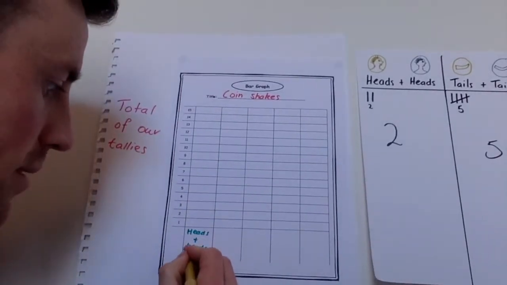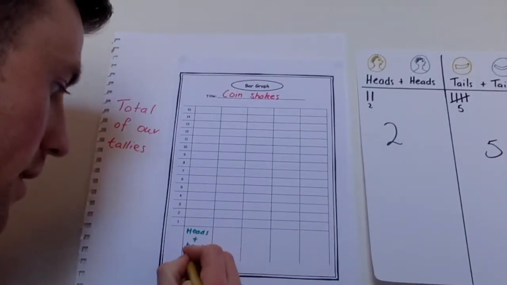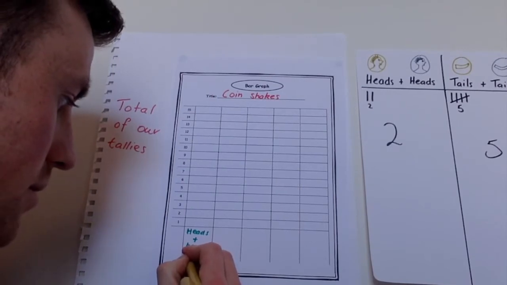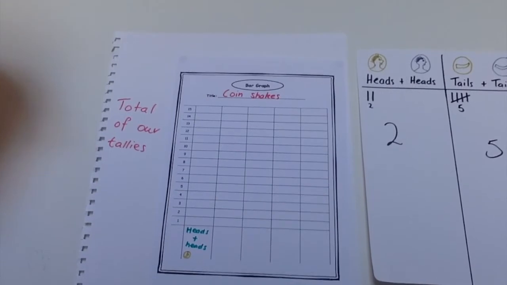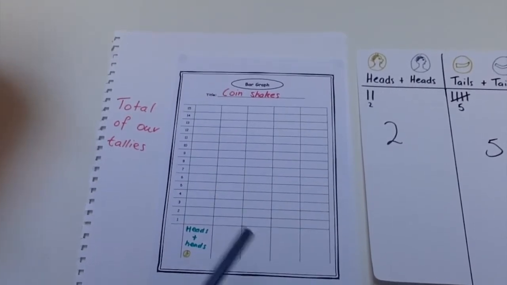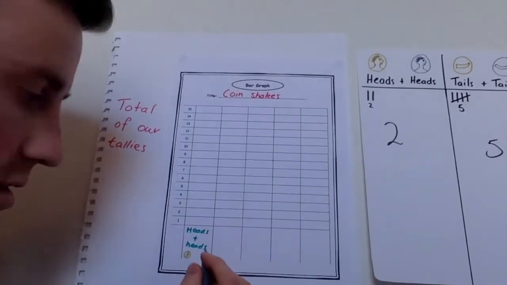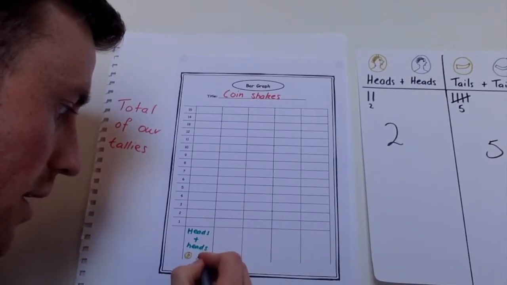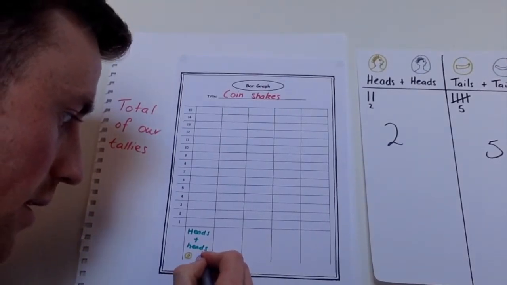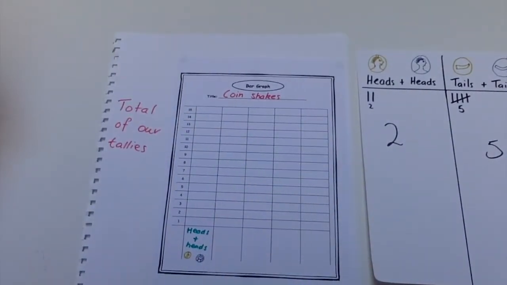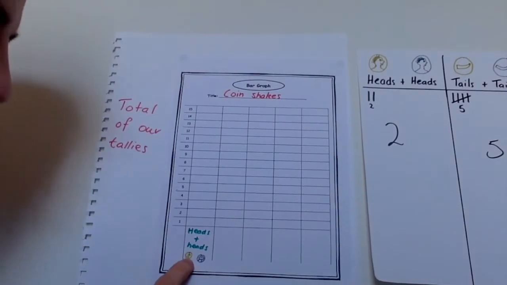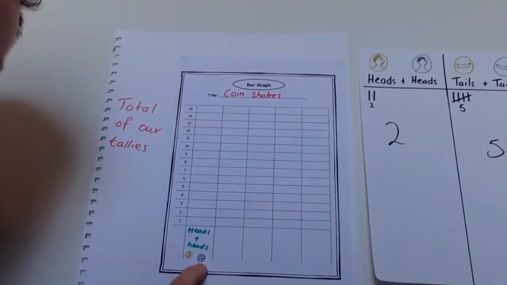Mind you that the first part was gold heads, so you might want to draw a little head down there. Then I want to do the same with my silvers. I'm going to do my silver coin, and my little head like that, just something to help remind you that there's heads gold and heads silver.